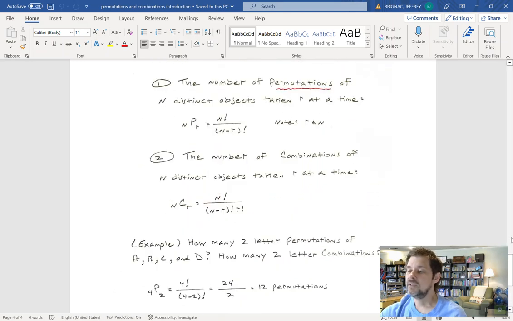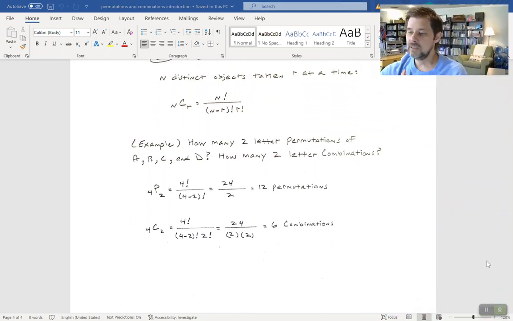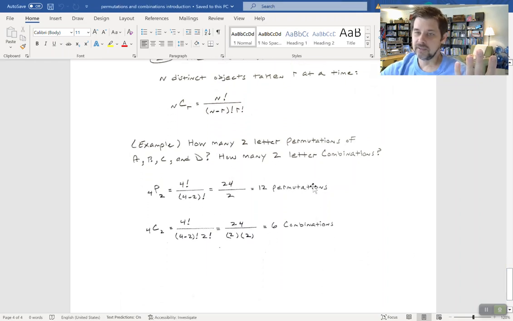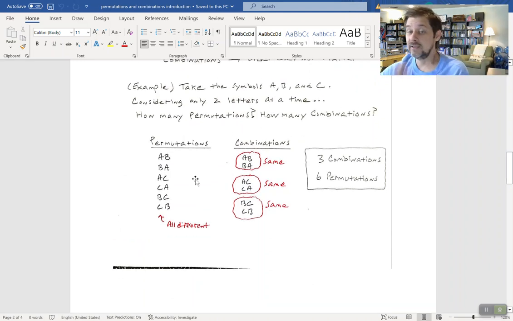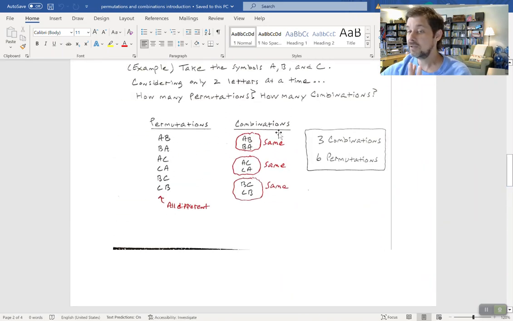So I want you to think of that in terms of this just being a matter of calculation. Maybe it's no big deal. That's how you understand those formulas. But I want you to think of it like this: if I wrote them all out, you see this thing right here, this is the reason I gave this. If you want some kind of thinking to attach to this, imagine you had the letters A, B, C, and D. Imagine you took 2 of them at a time. Imagine that you listed them all out, just like this one.